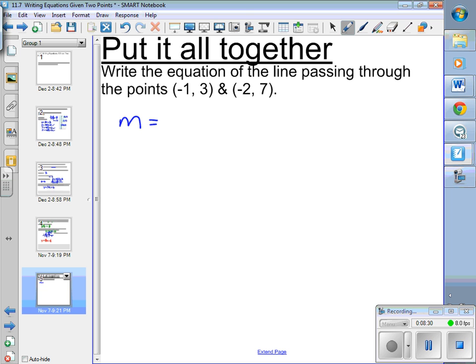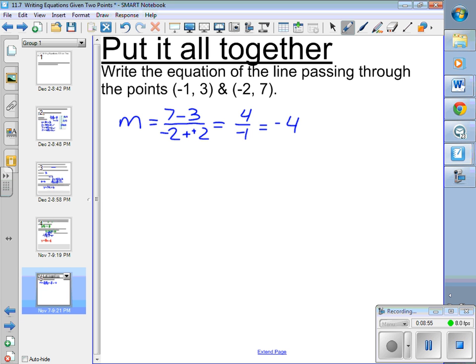And we do that by doing 7 minus 3 over -2 minus -1, which becomes plus 1. So we get 4 over -1, which just is -4. So our slope is -4.